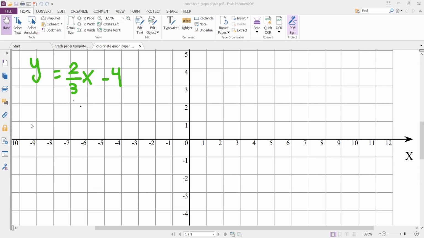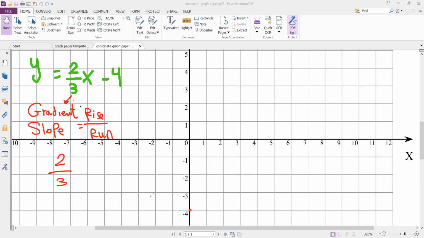So we have a line passing through the point 0 and -4. And the coefficient of x represents what? The gradient, or the slope. And we have learned that slope is rise over run, so the rise here is 2 and the run is 3.